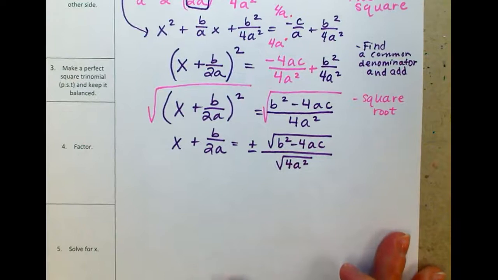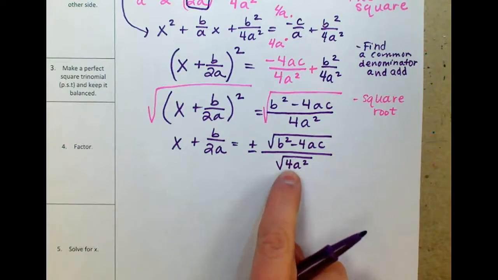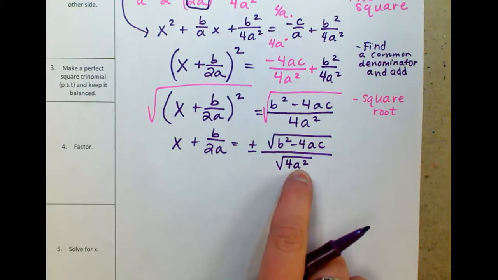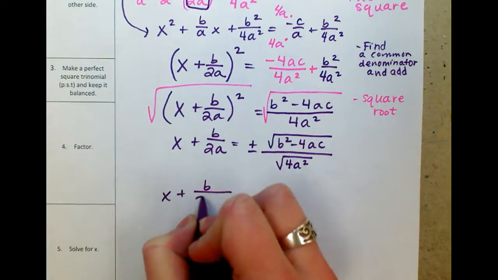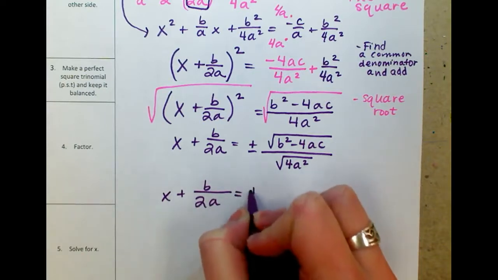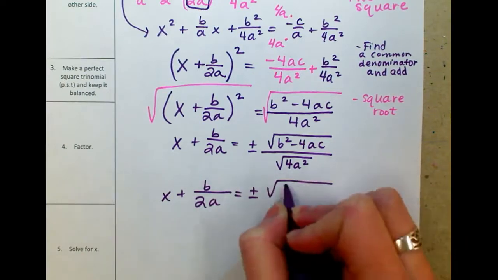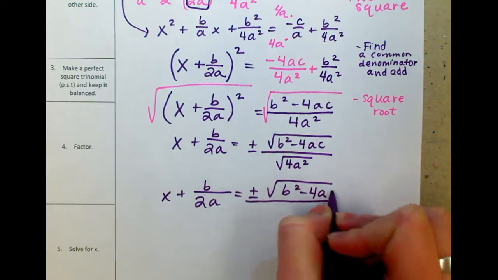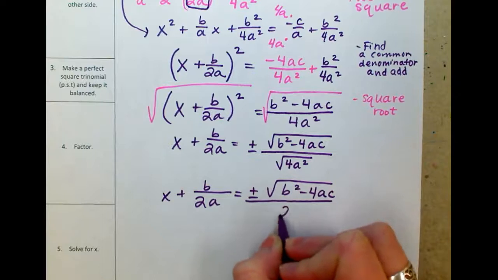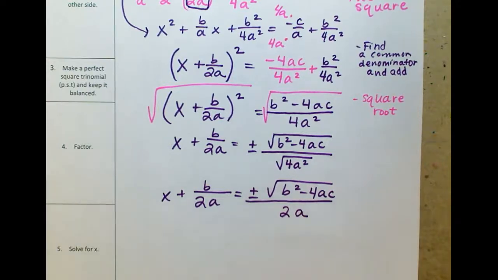Now, we've done a couple problems like this when we separated it, and our denominator always came out even. If you notice in our denominator right now, the square root of 4 is 2. The square root of a squared is a. So I'm going to simplify that. Top does not simplify, we do not have perfect squares in there. The bottom, however, becomes 2a.